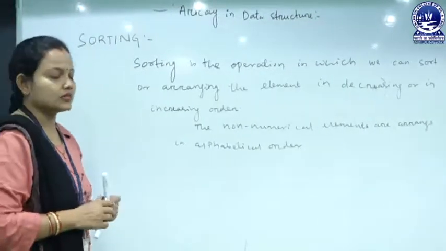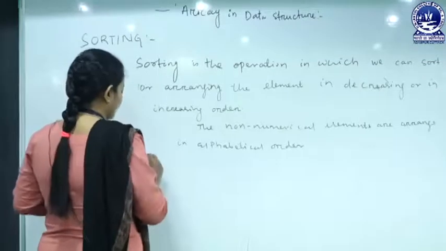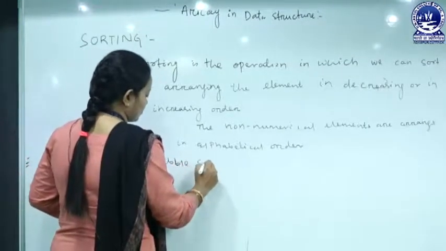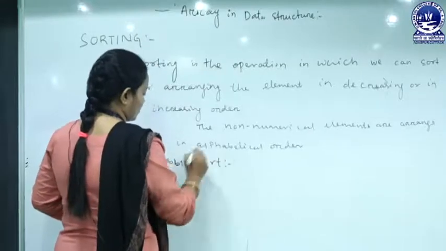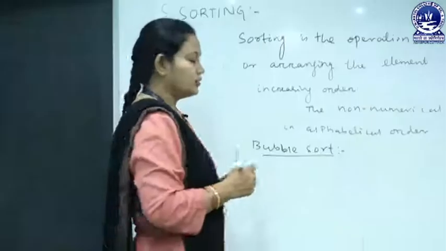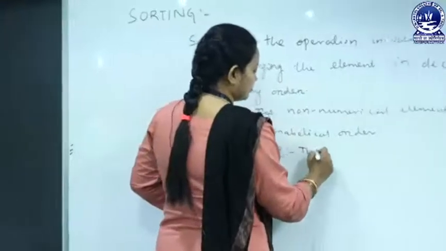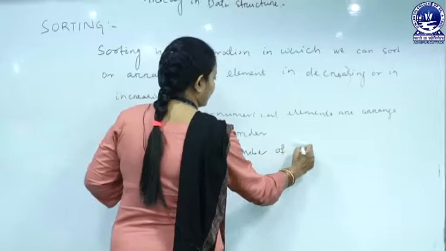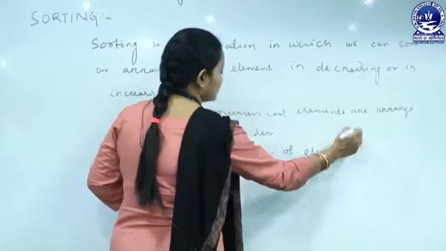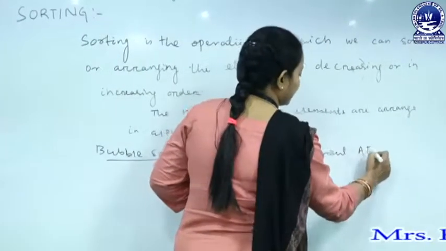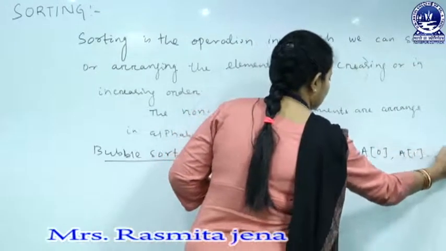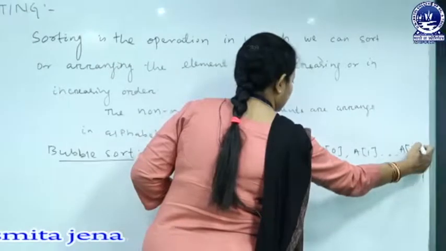As we are implementing bubble sort in this video lecture, we must know what bubble sort is. Suppose the number of elements are stored in the array, that is a of 0, a of 1, like this up to a of n minus 1.